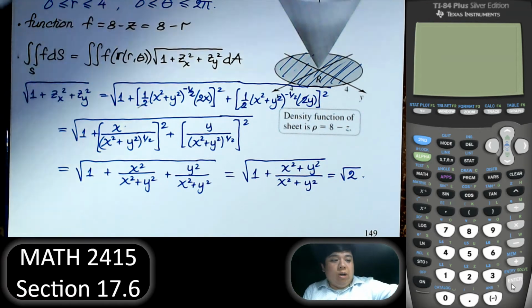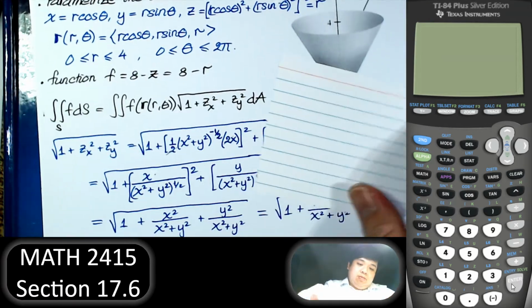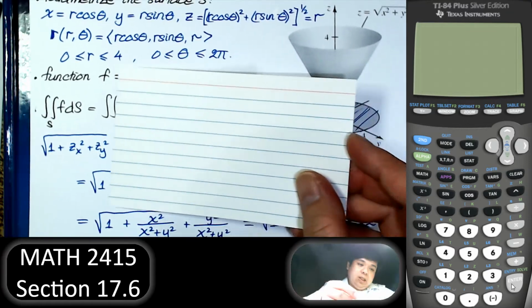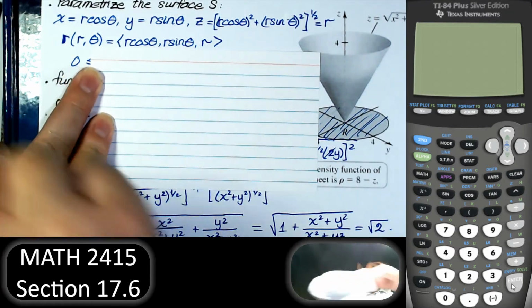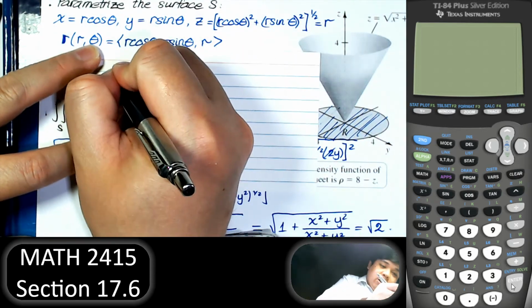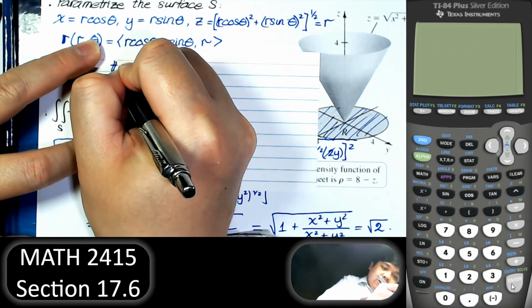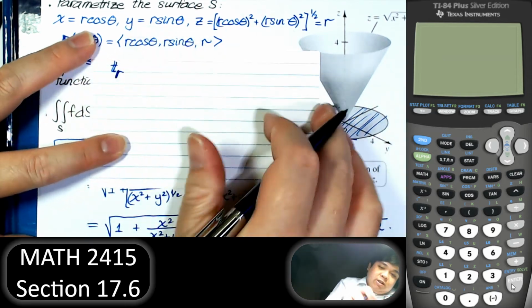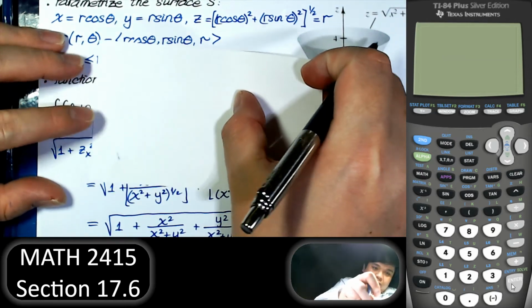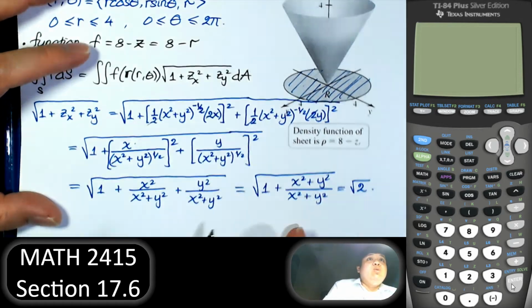Now the other way to do that is where we look at this and take the derivative with respect to r. That's one way to do that.